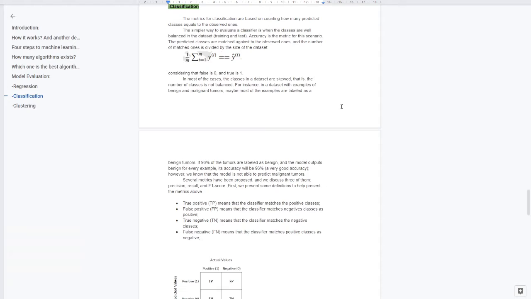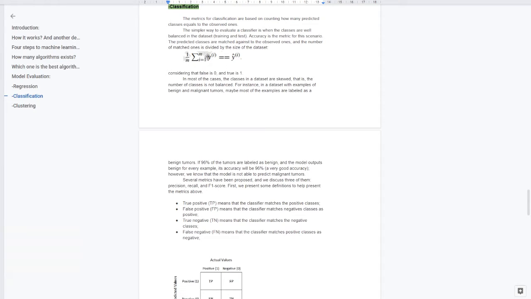The simplest way to evaluate a classifier is when the classes are well balanced in the dataset, training and test. Accuracy is the metric for this scenario. The predicted classes are matched against the observed ones, and the number of matched ones is divided by the size of the dataset.